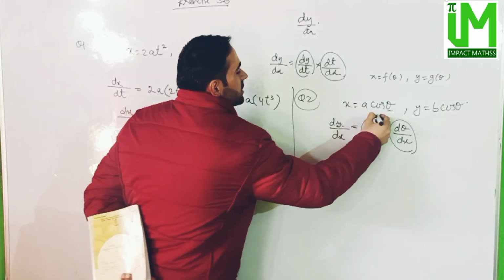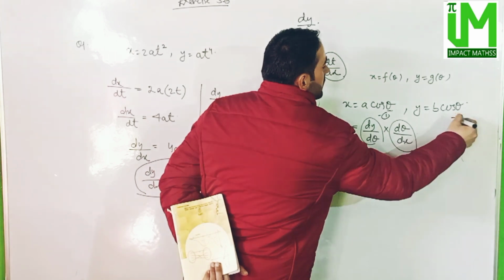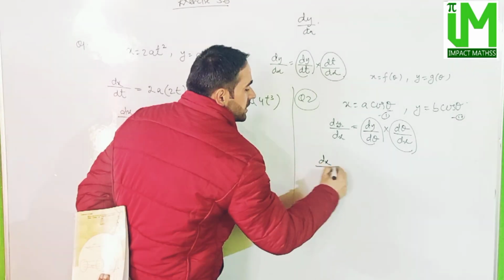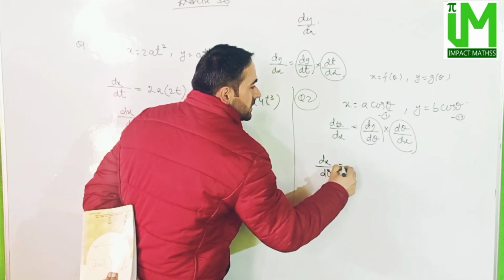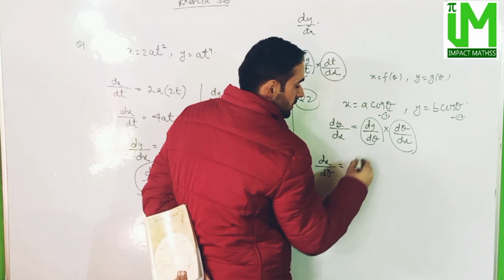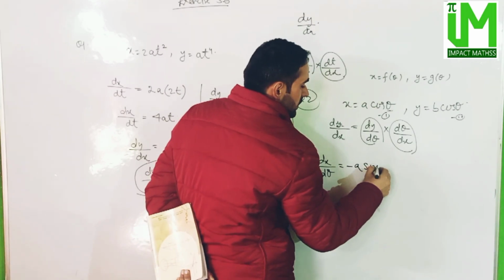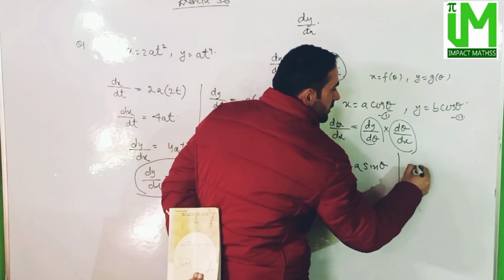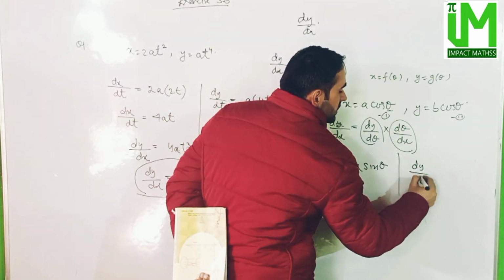Say this is first and this is second. Differentiating first with respect to theta, dx by d theta: the differentiation of a cos theta is minus a sin theta. What will be the value of dy by d theta?